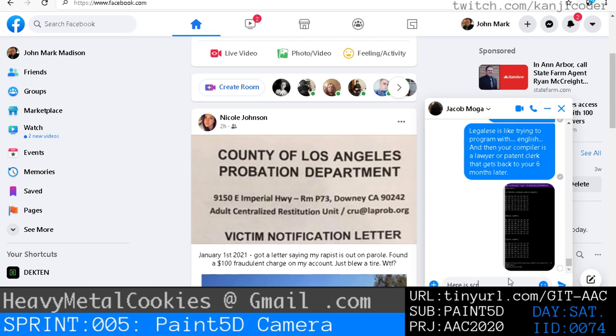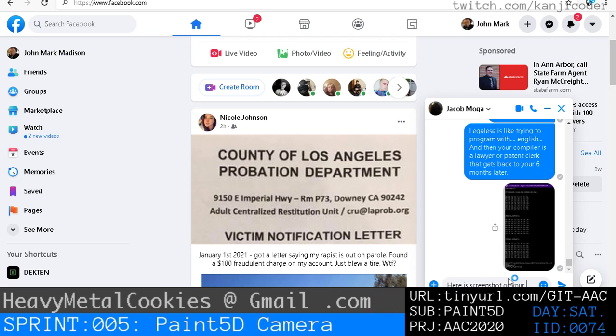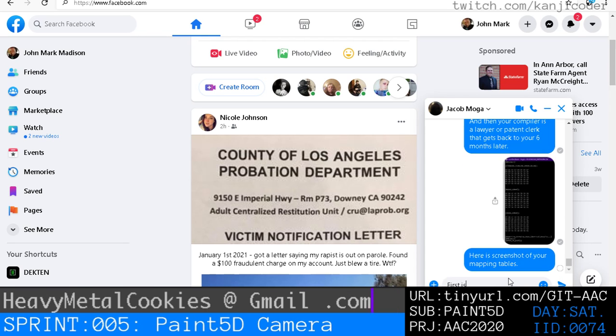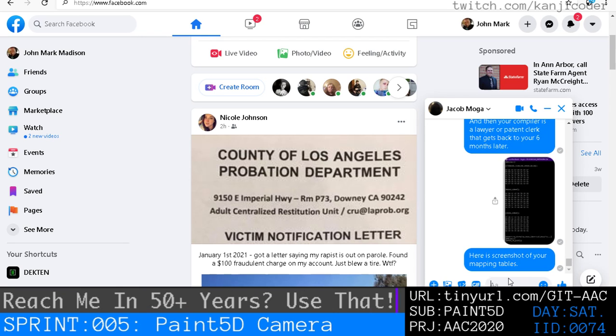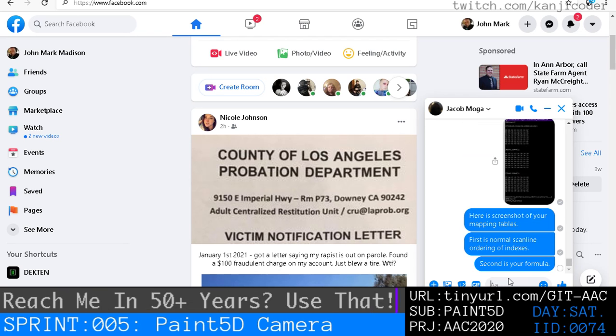Here is screenshot of your mapping tables. First is normal scan line ordering of indexes. Second is your formula. Third is my formula.